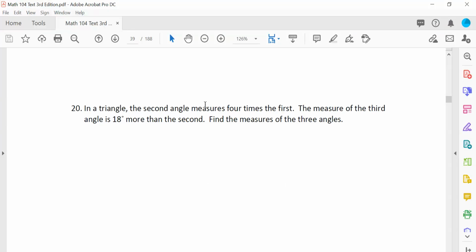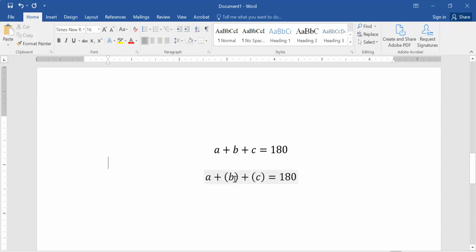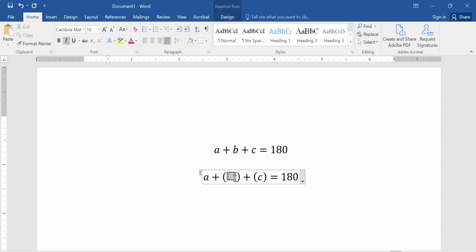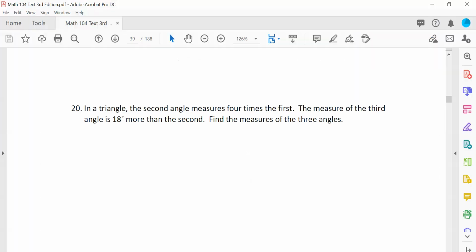All right, so the second angle measures 4 times the first. Let's call our first angle the A and the second angle the B. So if the second angle measures 4 times the first, B can be replaced with 4 times A. Now let's look at the third angle.